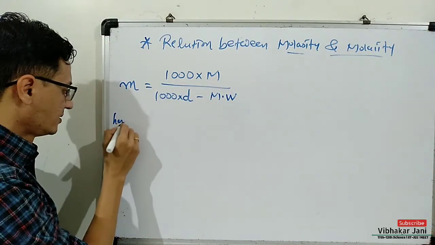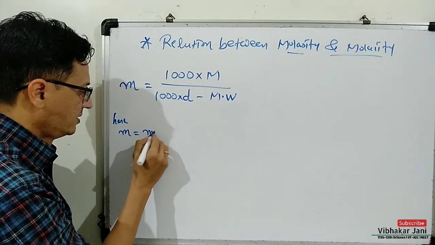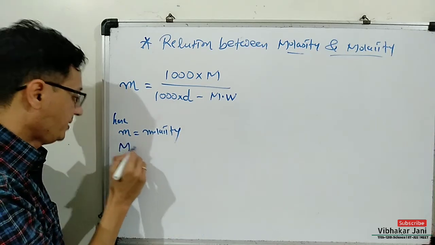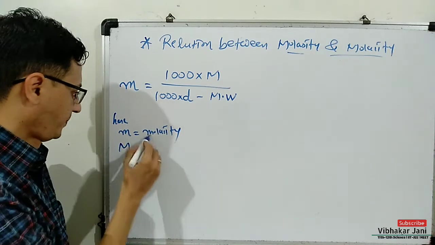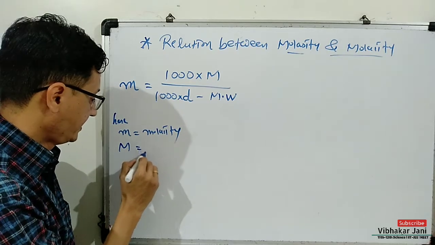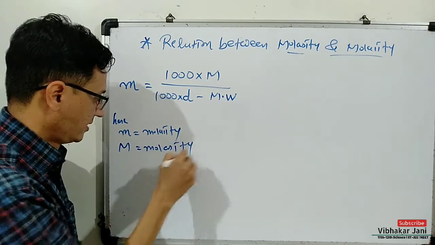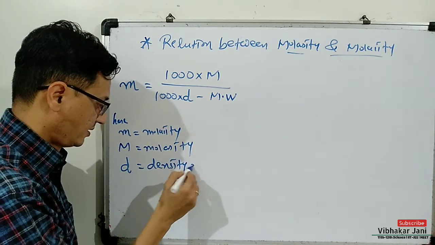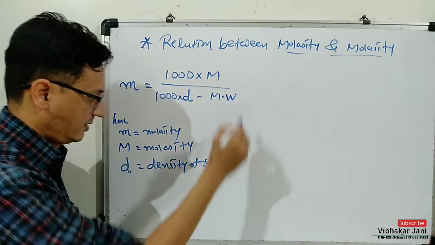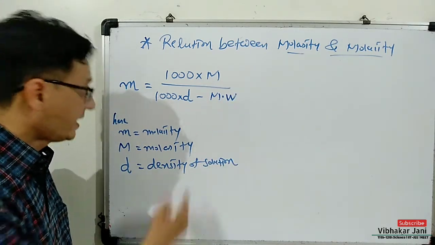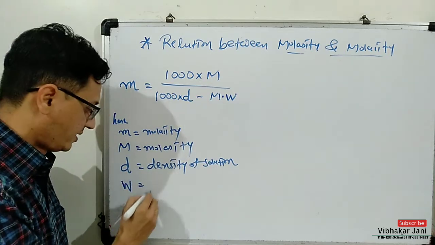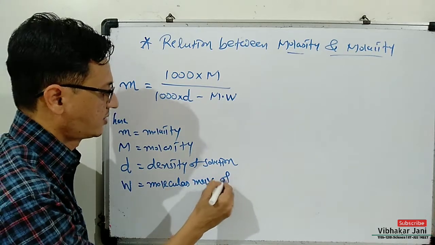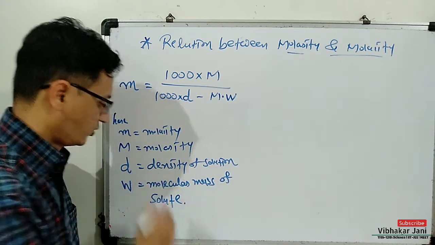Now here we know that small m represents molality, capital M represents molarity, D represents density of solution, and this W represents the molecular mass of solute.